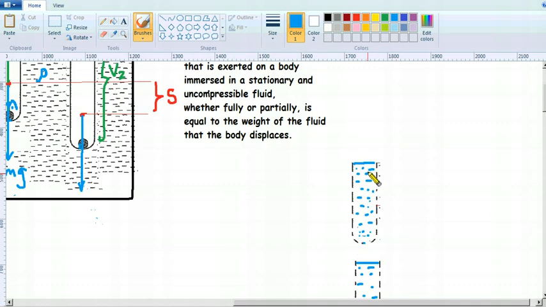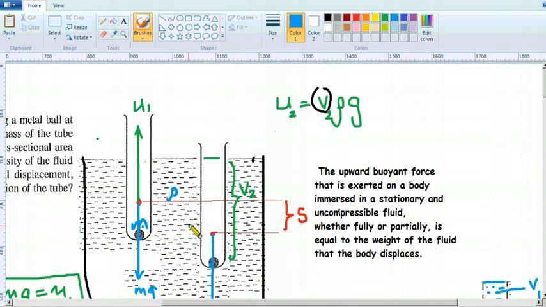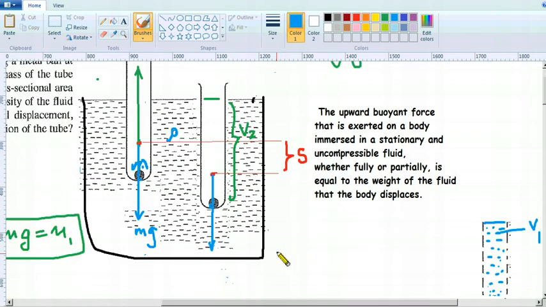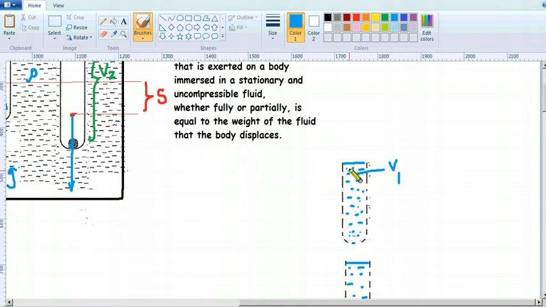So this one is the volume V1, the displaced volume after immersing this test tube into water. Some amount of water is displaced. That amount of water is this much. So the weight of that water is equal to V1 rho g.